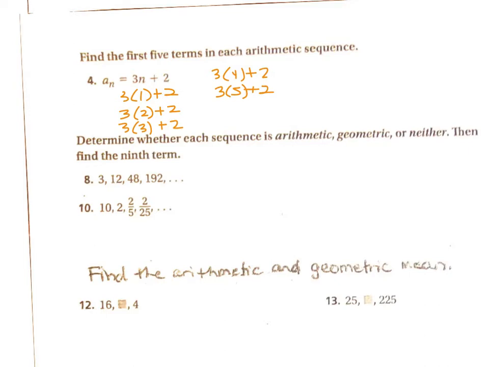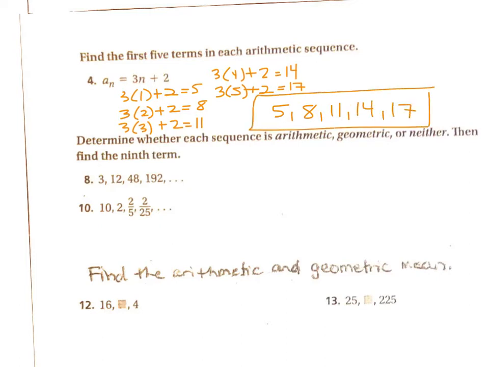So you get 3 plus 2 is 5, 6 plus 2 is 8, 9 plus 2 is 11, 12 plus 2 is 14, and 15 plus 2 is 17. And then that would get you all of your terms. So 5, 8, 11, 14, 17 is your first 5 terms of the sequence.